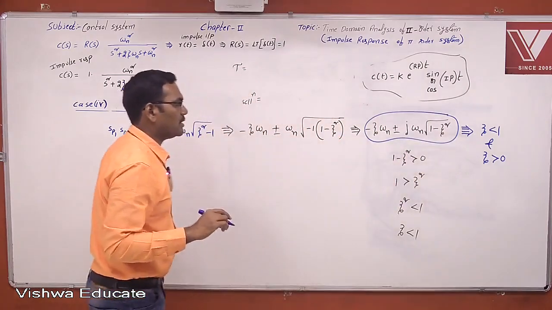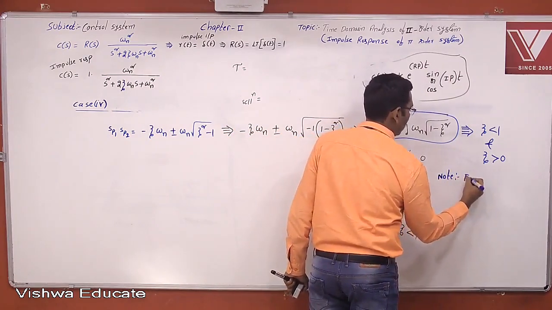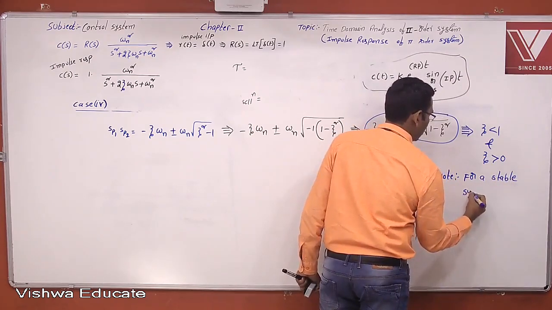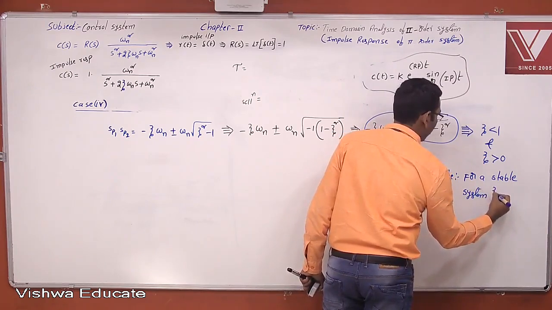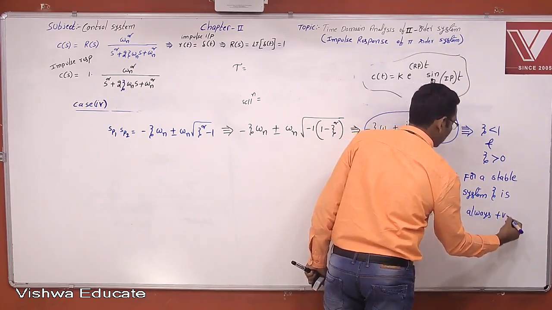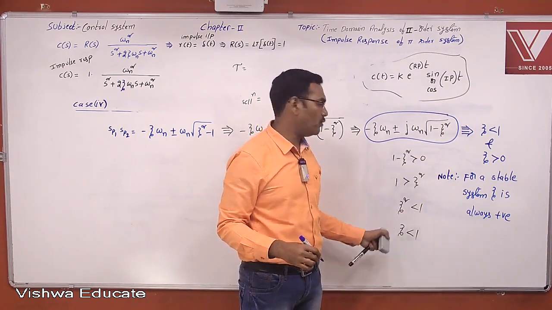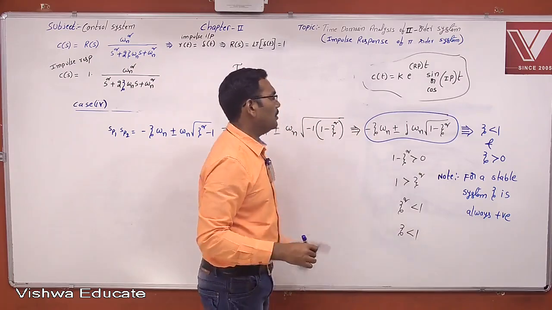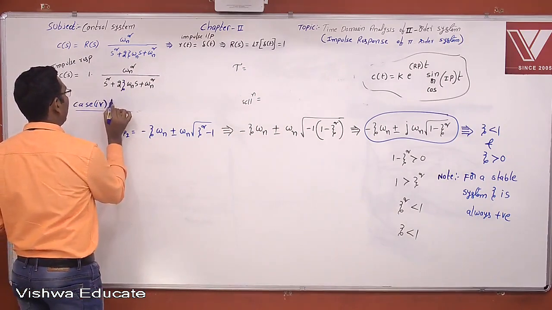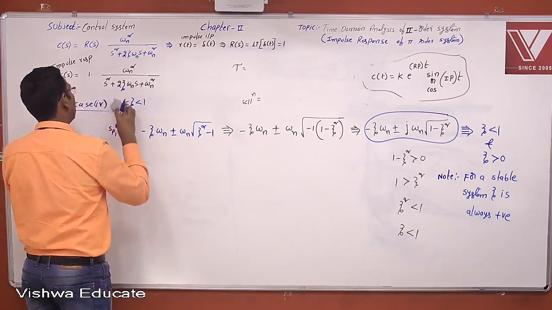Okay. For a stable system, here you can write one note also: for stable systems, damping factor zeta is always positive. That's why there may be a chance of zeta being plus or minus 1. Therefore, don't take negative, only the positive side of zeta. This is the poles location for case 4, which is nothing but damping factor zeta less than 1 and greater than 0.